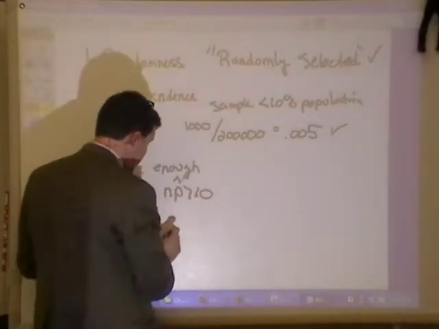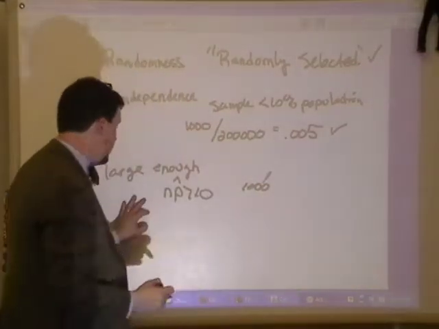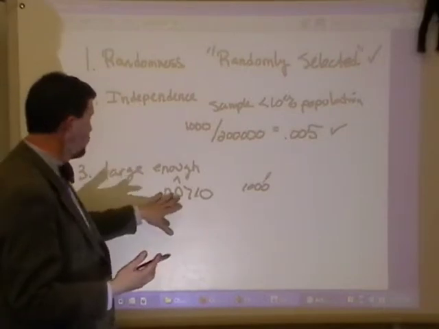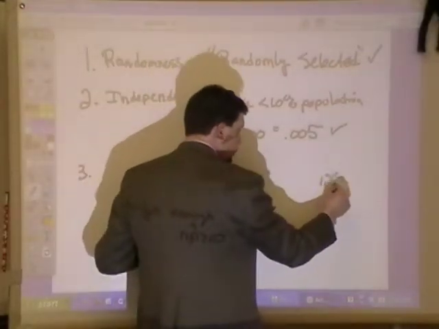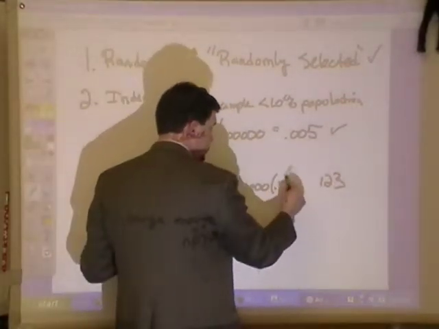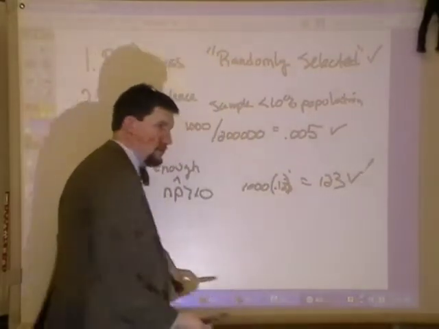Well, n is 1,000. I don't know what my proportion is just yet, but here's what's really interesting. The number of successes, I know that this is 123. 123 of 1,000 would be 0.123. Okay, so is that greater than 10?